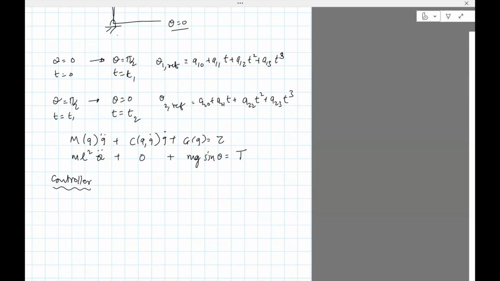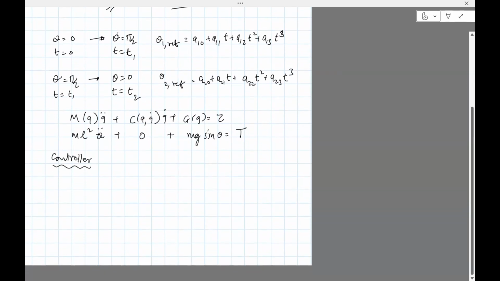So the controller which you would use is tau equals M times q double dot ref.